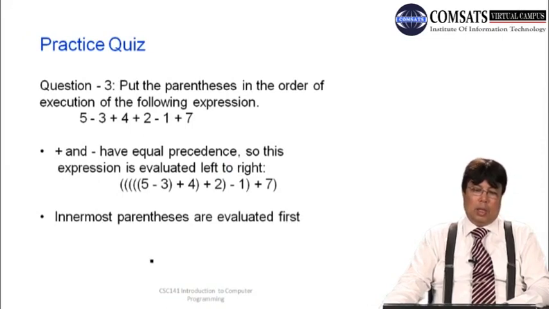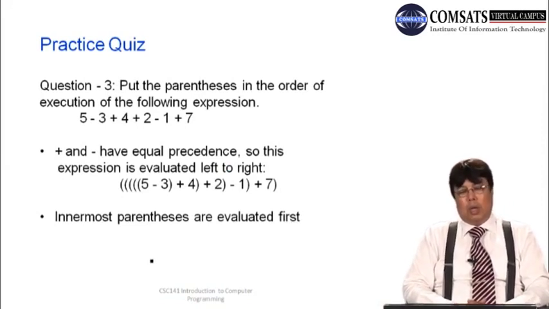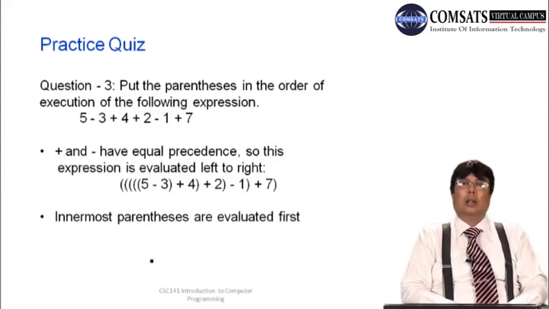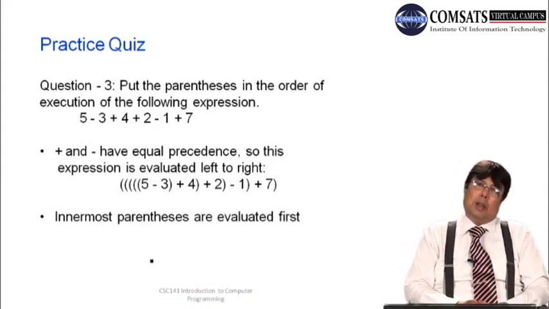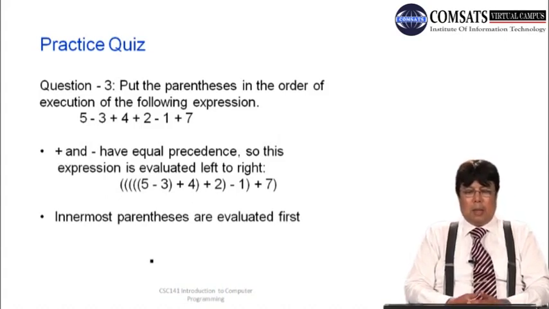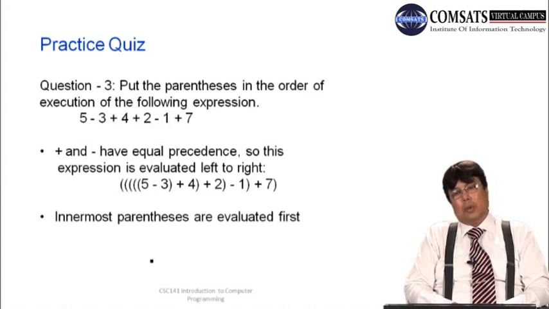So I will give you another practice quiz. Here I have just used minus and plus. 5 minus 3 plus 4 plus 2 minus 1 plus 7. So all the operators have the same precedence level. Can we put the parenthesis to it? Yes. Since plus and minus have equal precedence, this expression is evaluated from left to right.